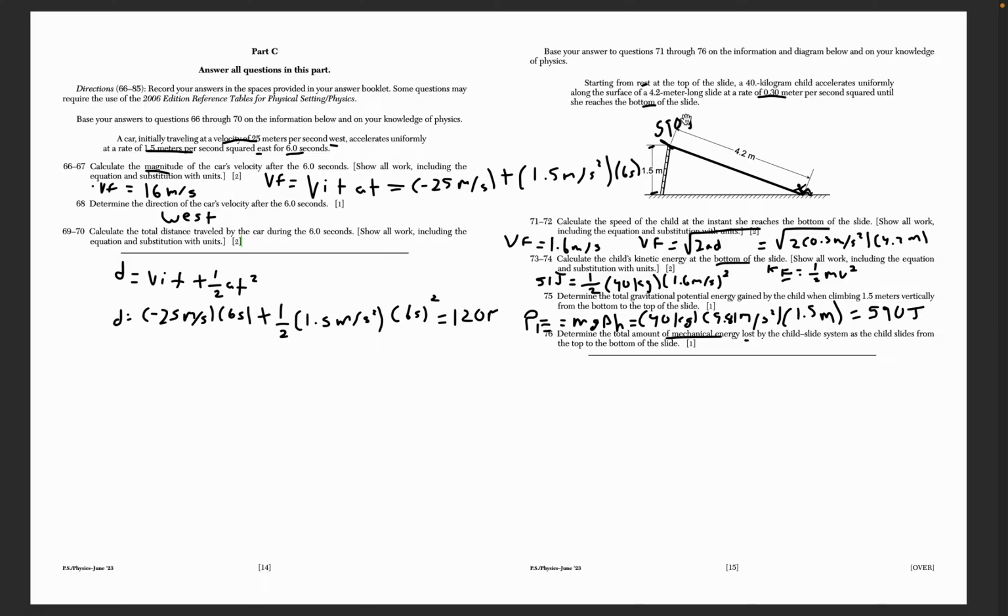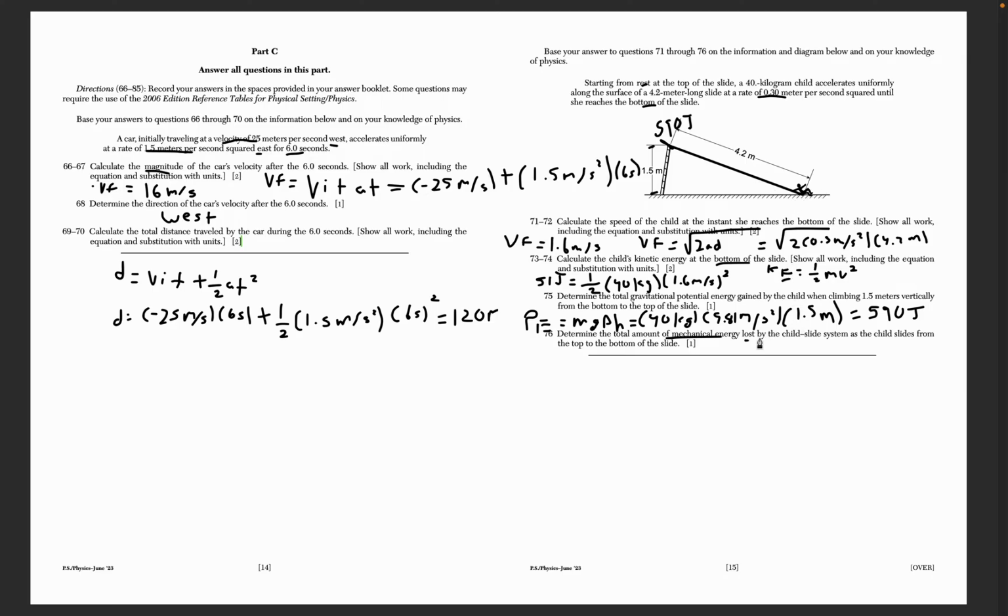Assuming we didn't lose energy to friction, at the bottom it would be 590 joules of kinetic energy and 0 joules of gravitational, because we're at the bottom here. Because the mechanical energy is conserved, because the addition of the potential and kinetic at top has to equal the addition of the kinetic and potential at the bottom.